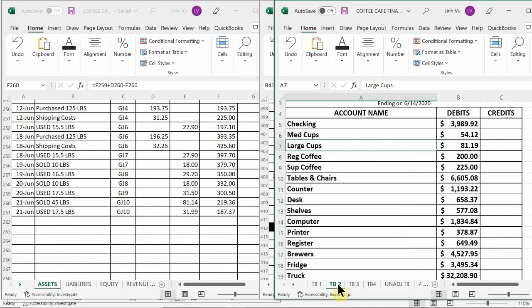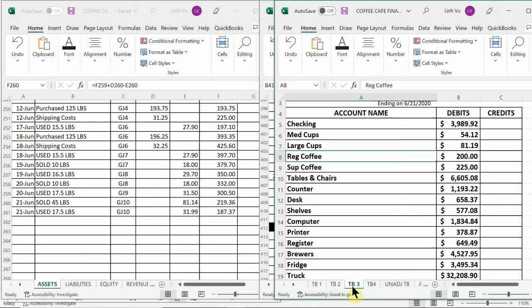Meaning you can make as many changes as you want to trial balance 3 because it's a copy of trial balance number 2. It's a completely separate worksheet. You're not self-referencing. So you can modify trial balance number 3, which is a copy of number 2, as much as you want, and it would not affect the previous one.